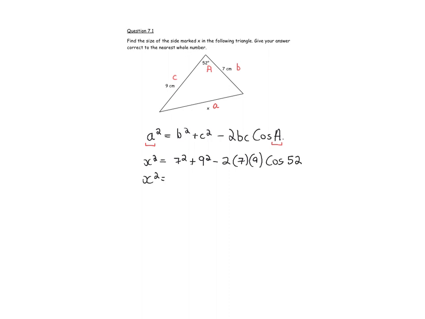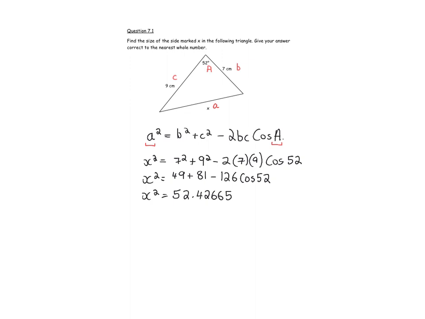Then you can get 7 squared, which is 49, 9 squared, which is 81, minus 2 times 7 times 9, which will give you 126, and then cos 52. Then I would just write the whole thing into your calculator, and you'll get an answer of 52.42665.